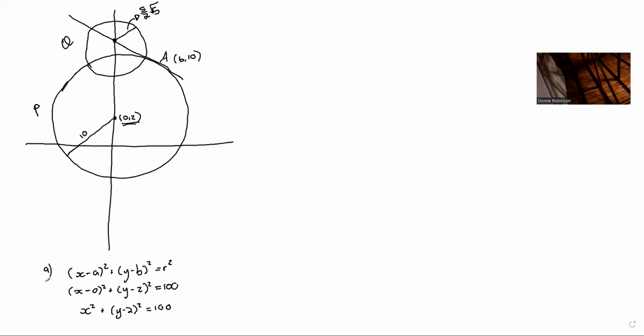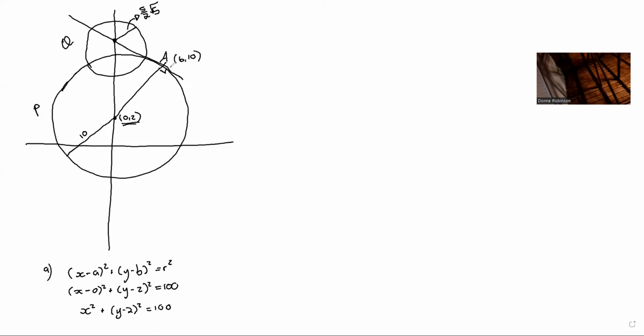Now, question B says find the equation of the tangent to the circle P at A. So we know that the gradient of the tangent, if we multiply that with the gradient of the radius, we would get -1 because the radius and the tangent would always be perpendicular.